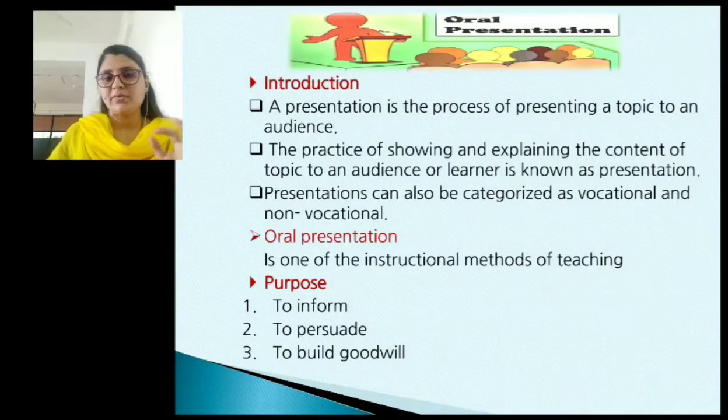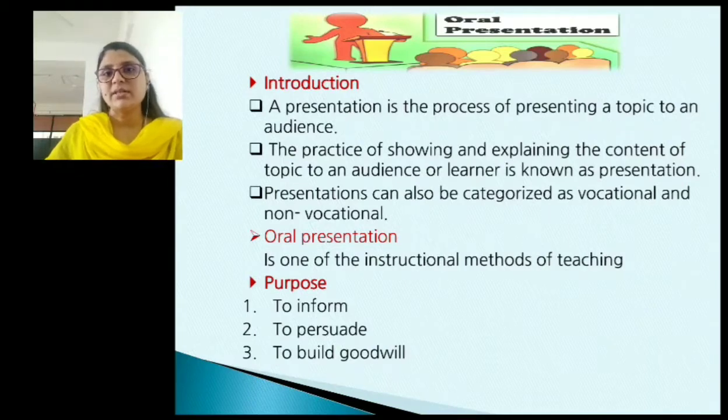Oral presentation is one of the instructional methods of teaching. With the help of visual aids or other extension teaching methods, we can teach or give instruction to the audience.